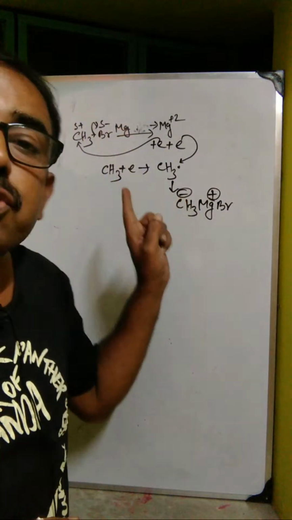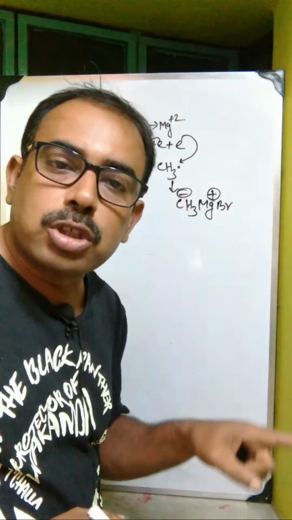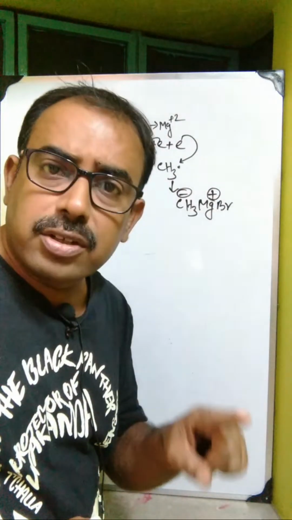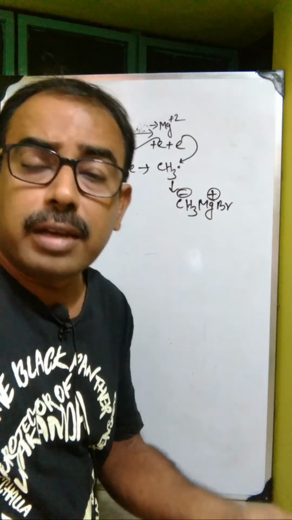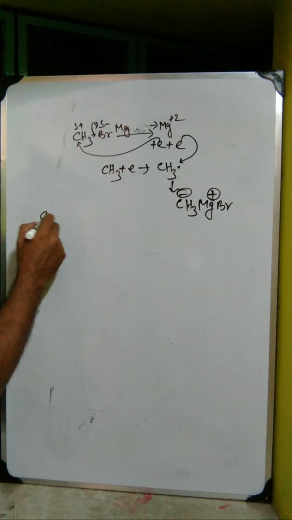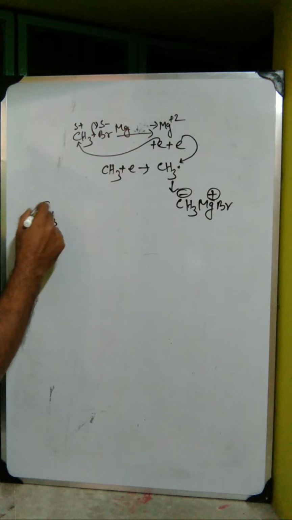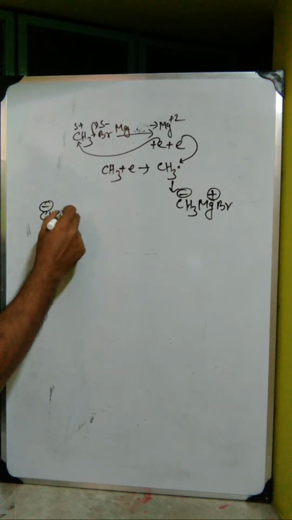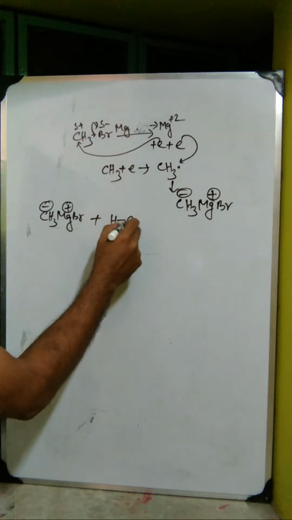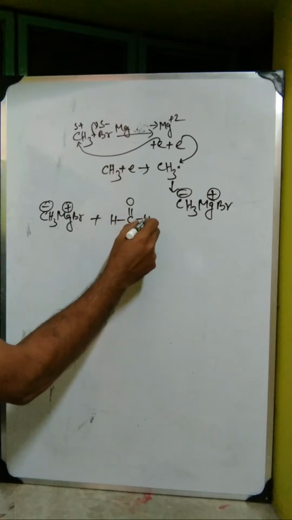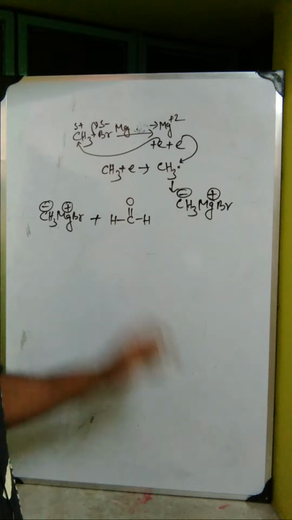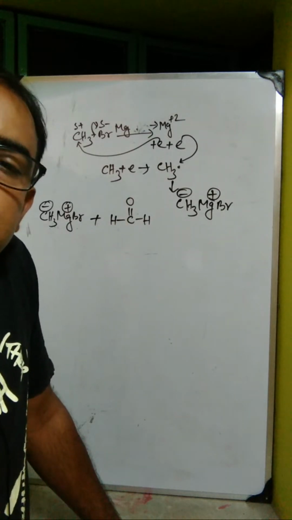Since CH3 minus is carrying a negative charge, it must be a nucleophile, and it will react with an aldehyde or ketone like a nucleophilic addition reaction. Let's see what happens when methyl magnesium bromide, CH3Mg plus Br, is added to formaldehyde, H C double bond O, then H. Now the carbonyl carbon is partially positively polarized and oxygen is partially negatively polarized.